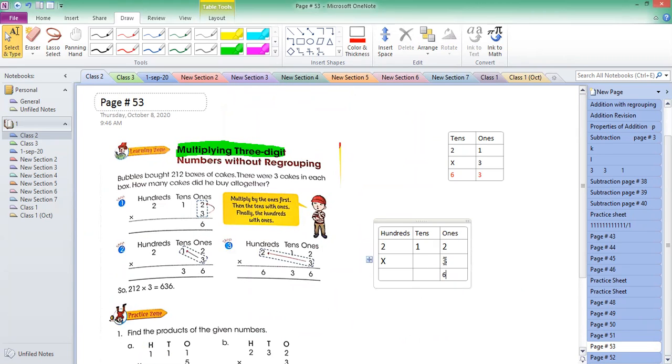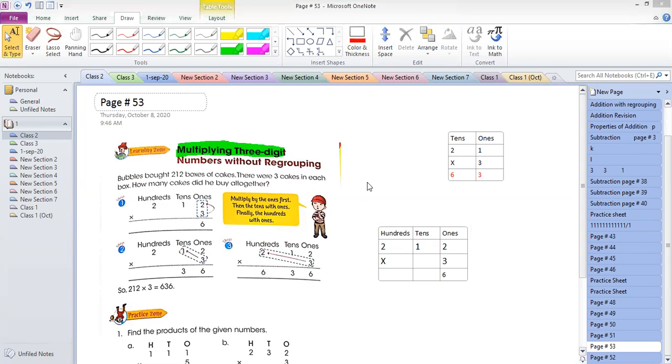Now I multiplied these two ones. Now I need to multiply this 3, this ones, by this 10. 3 multiplied by 1 equals to, yes guys. Some students are saying 3 and I can hear some voices saying 1.